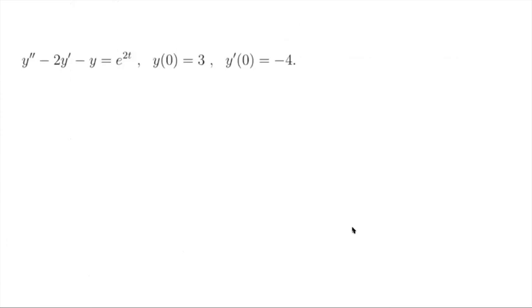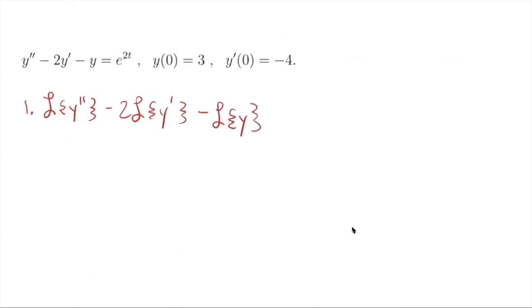Then the process here would be, well, first we take the Laplace transform. And we break up using properties L1 and L2. And then we use, I think it's property L4, with the derivative.